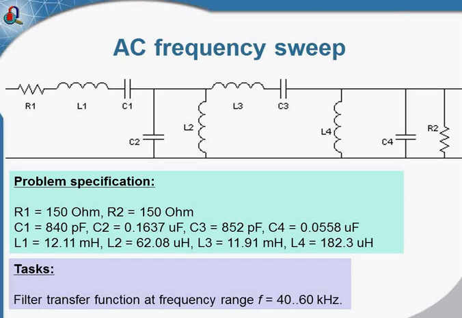The filter consists of passive elements, the capacitors, inductors and resistors. And our task is to calculate the transfer function versus frequency. So let's start QuickField and solve this problem just for one frequency first.